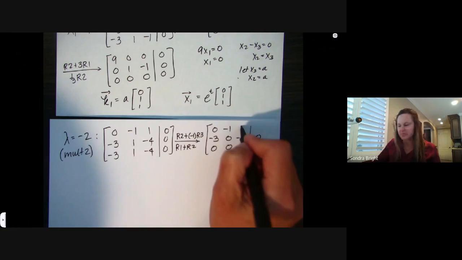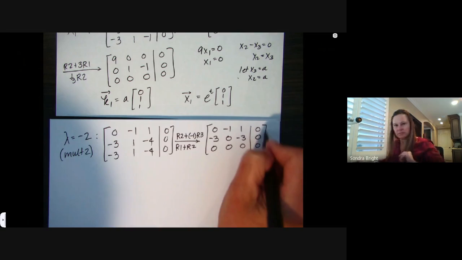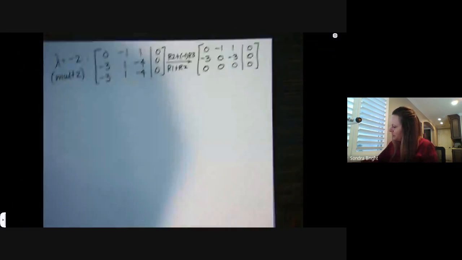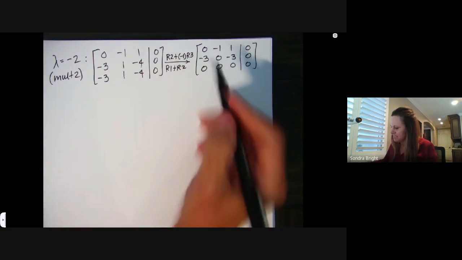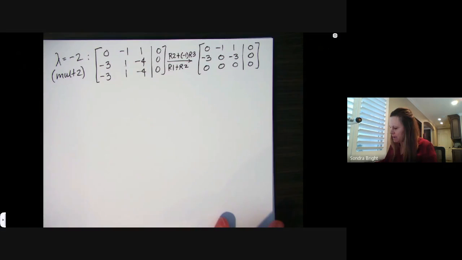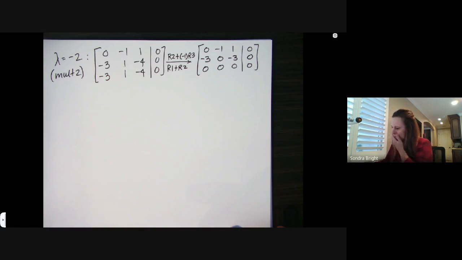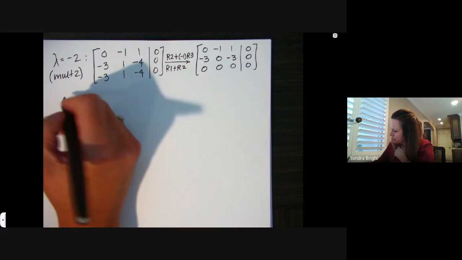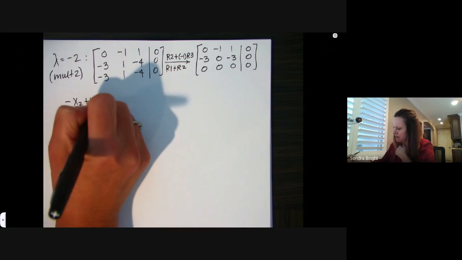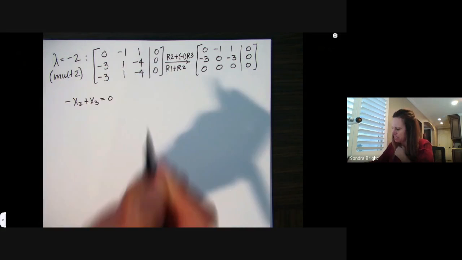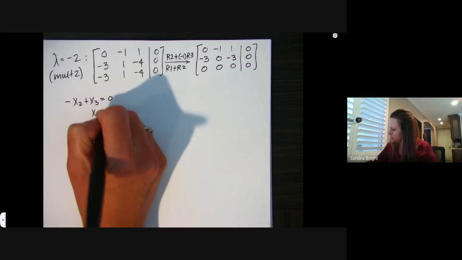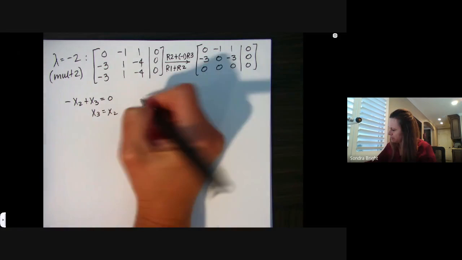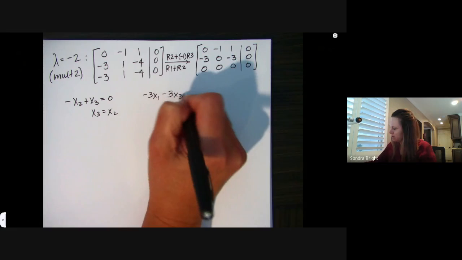I don't have it in true row echelon form, but I don't care. Okay, so what does this give me? No, that's good. So row 1 says -x2 plus x3 equals 0, which just means x3 is equal to x2. Row 2 says -3x1 minus 3x3 is equal to 0.